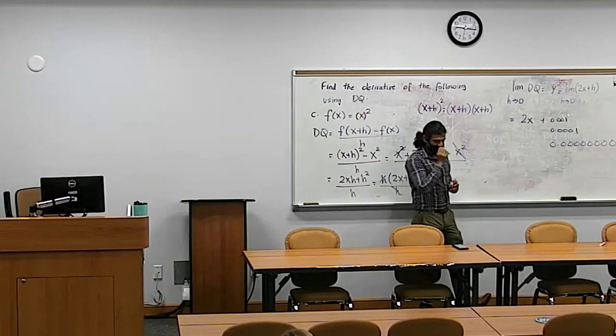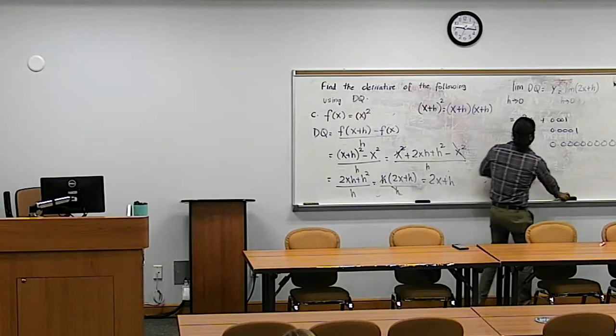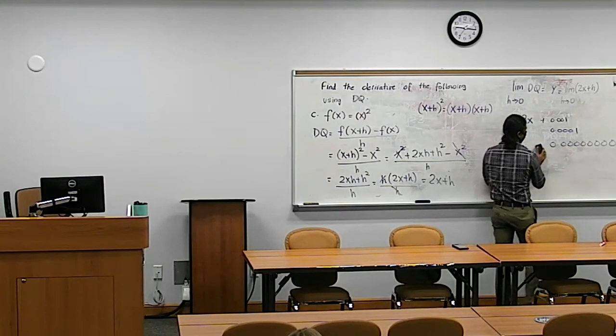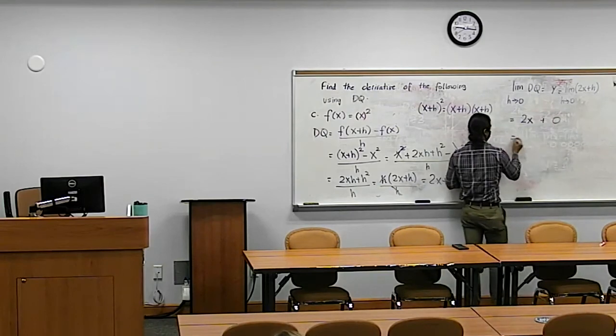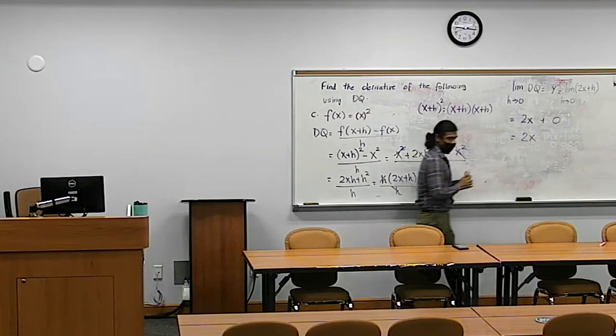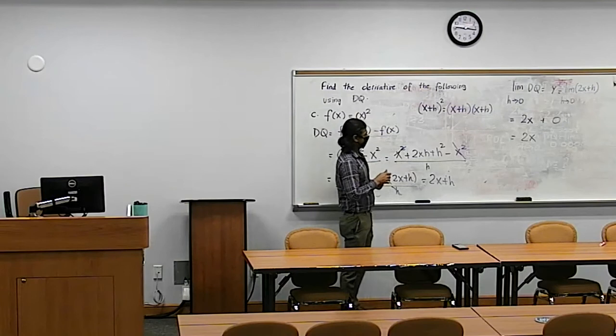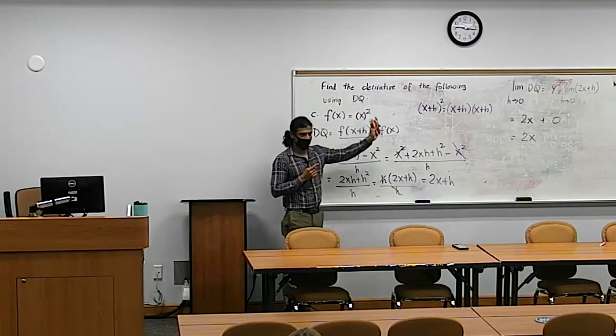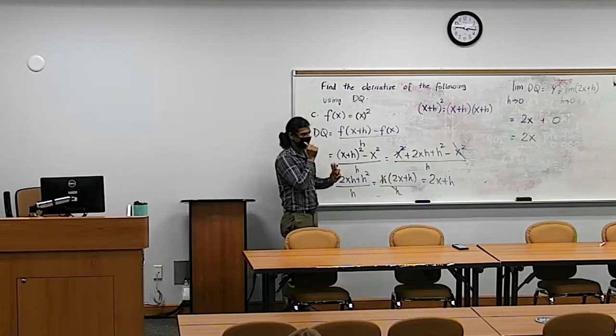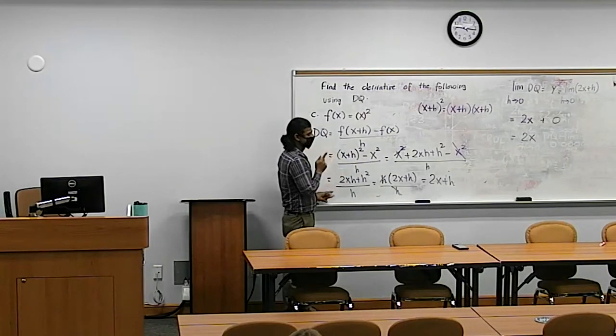So if h gets smaller and smaller, in other words, it approaches 0, then that term would be 0, so you get 2x. So the derivative of x squared is 2x. Good? Does that make sense?